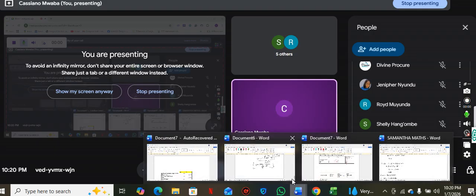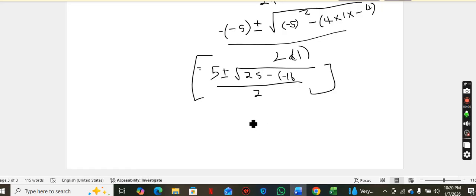You get two solutions. One is 5.7016, and the other one is negative 0.7016. So colleagues, the root you are looking for in this question is this one here.